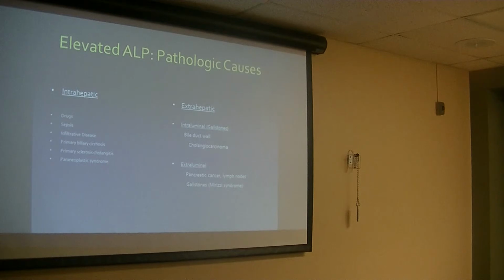And then sclerosing cholangitis, which is an inflammatory disease that causes scarring of the bile ducts, usually associated with ulcerative colitis. I think we've seen a couple of patients in the past few months that had liver transplants due to sclerosing cholangitis.